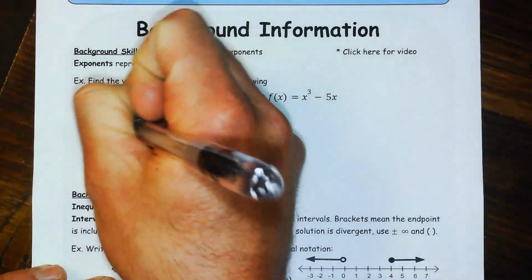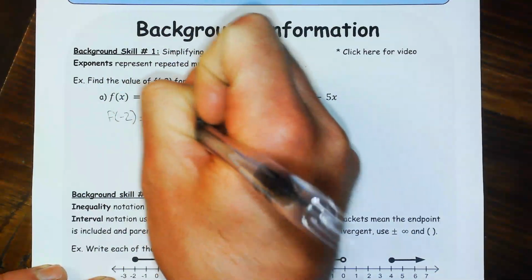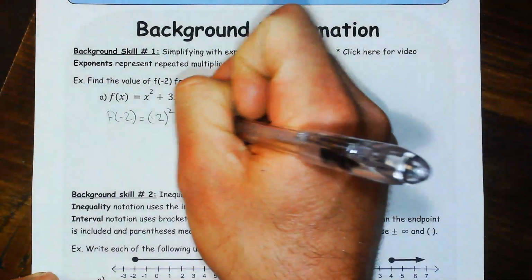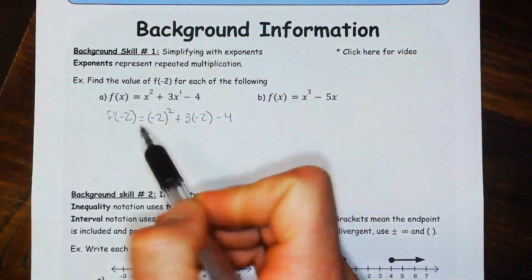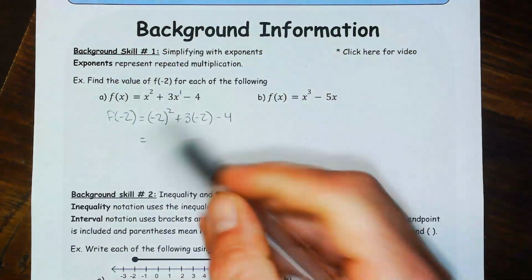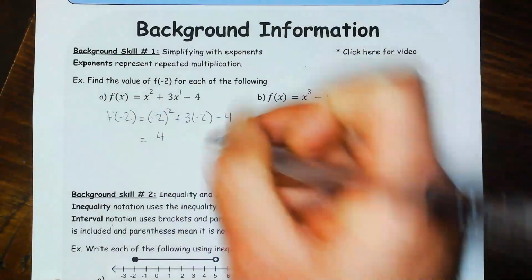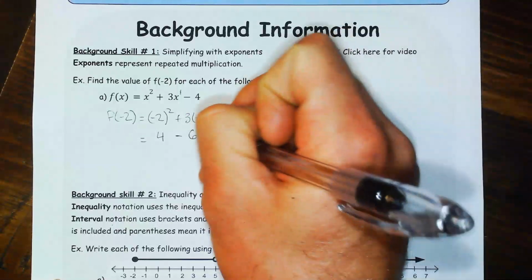So f of -2 equals -2, but make sure that's inside a set of parentheses, so it's the -2 quantity squared plus 3 times -2 minus 4. So with that, I just mostly want to focus on the sign, and then I'll combine all the numbers at the end. But when I square a -2, that's -2 times -2, which is a positive 4, and then 3 times -2 is a -6, and then a -4.